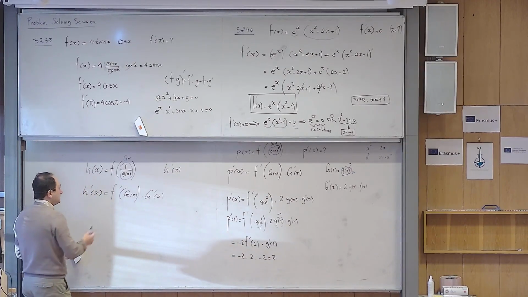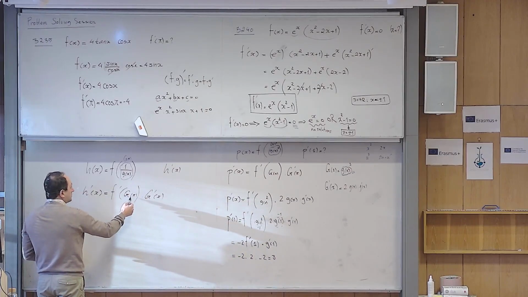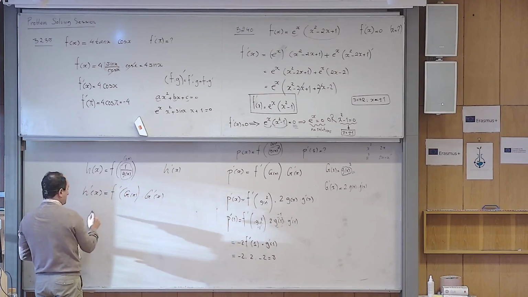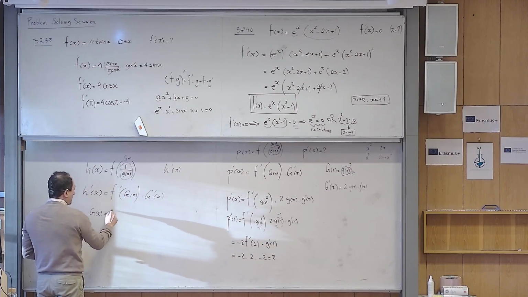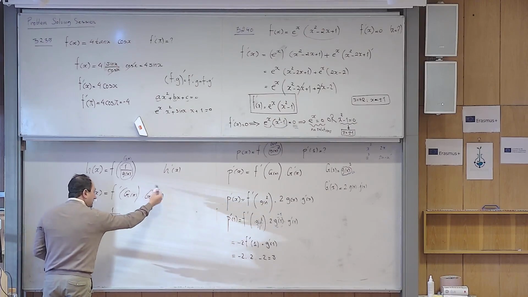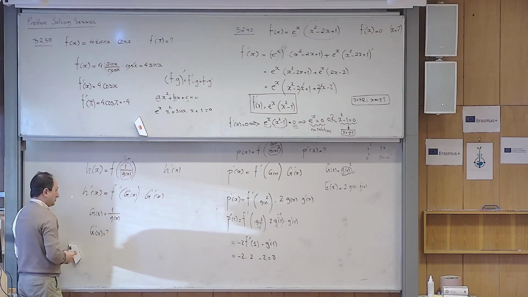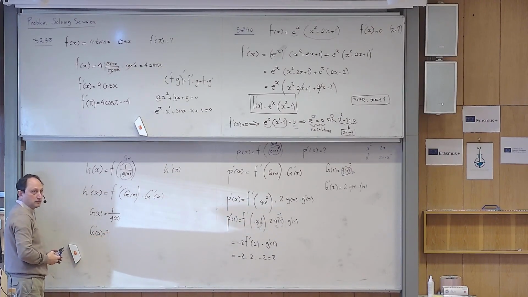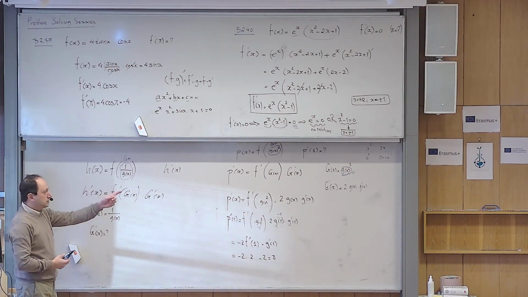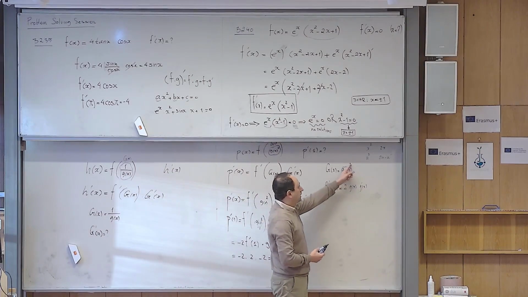Okay, so this is a little bit harder than this one, so let us solve it. So g of x is this one, so I don't have any problems with that. So g of x is 1 over g of x. Okay, but the problem is to calculate this one. So how should I calculate this one? It's very similar to that function, but that function was g of x squared.